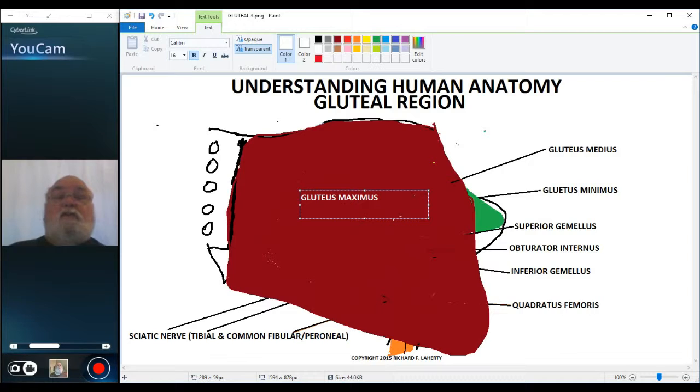And it inserts primarily on the femur and on the iliotibial tract, which I will show the beginnings of up here.